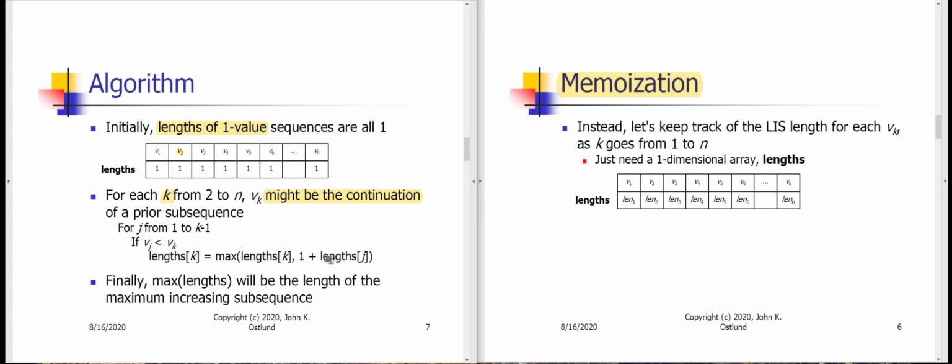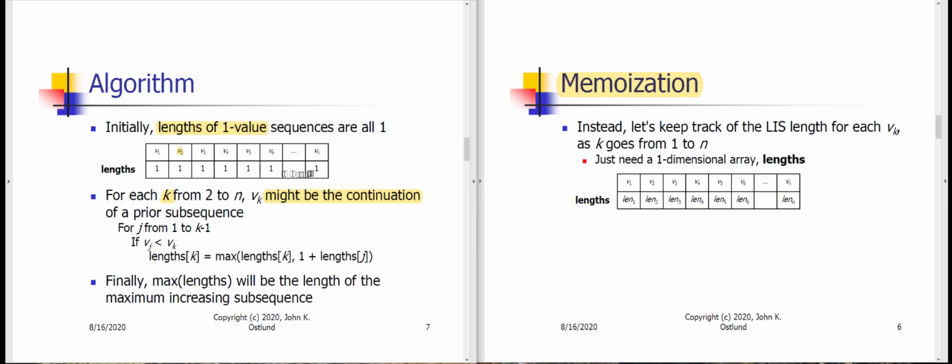Sorry, let me say this again. However long length sub j is, that plus 1 has to be the minimum length that the values up to j plus v sub k itself is going to be. So that's going to be 1 plus the length of j.